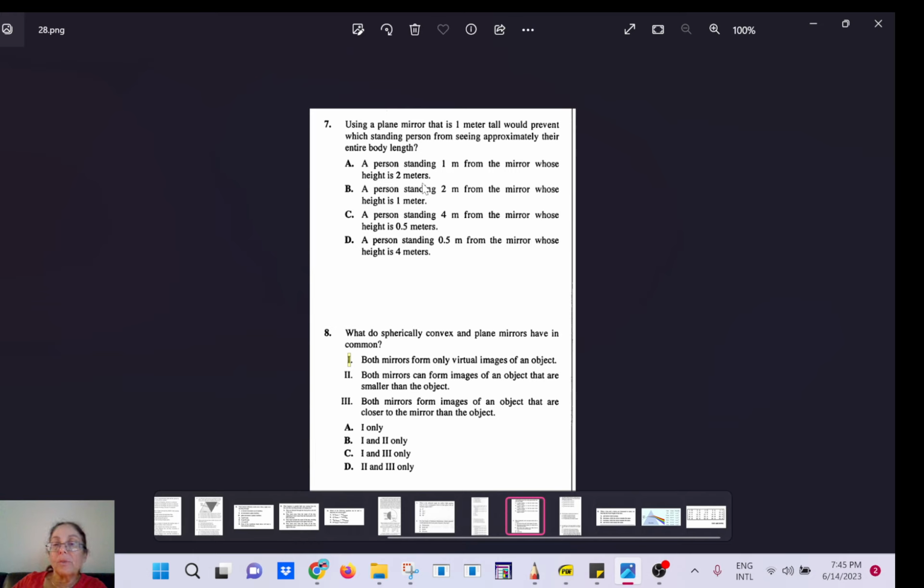If a person is 2 meters high and the mirror is half, that's going to work. If the person is 0.5, of course it's going to work because it's twice as big. But if the person is 4 meters, that's not going to work because you need a mirror which is at least 2 meters. Okay?